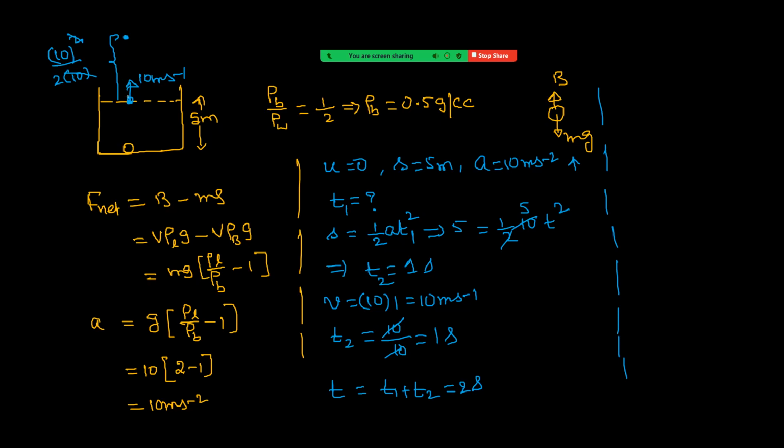This is 5, and this is also 5. So the distance of the body from the bottom of the vessel is 5 plus 5, it is 10 meter.